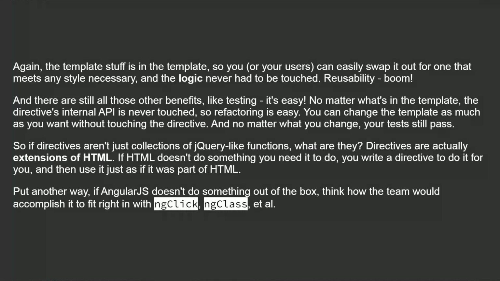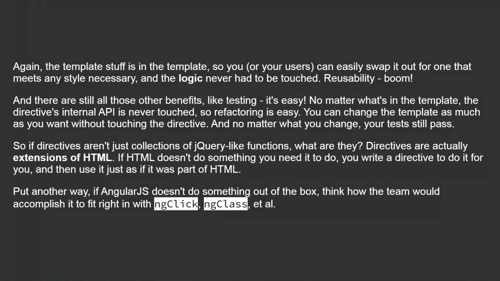Reusability, boom. And there are still all those other benefits, like testing. It's easy. No matter what's in the template, the directive's internal API is never touched, so refactoring is easy. You can change the template as much as you want without touching the directive. And no matter what you change, your tests still pass.